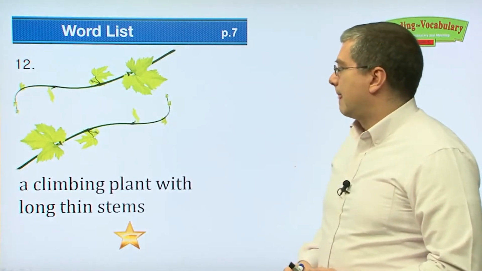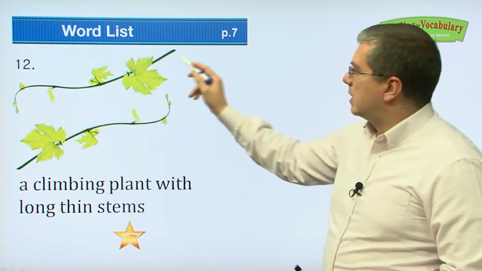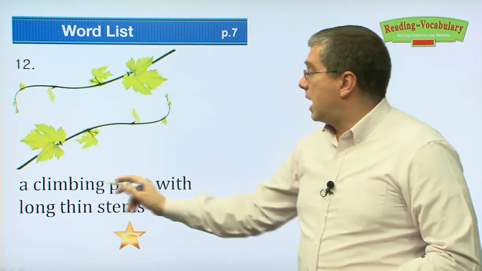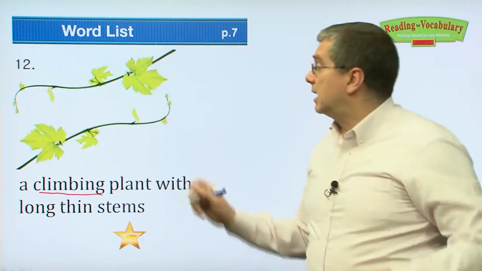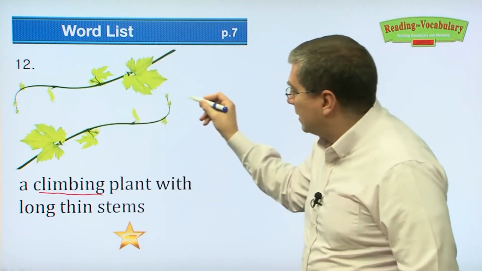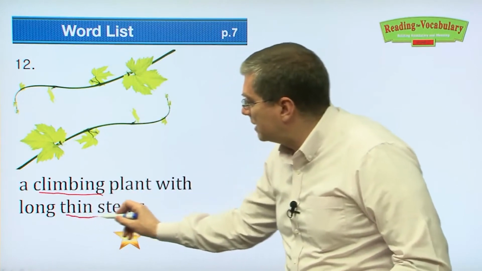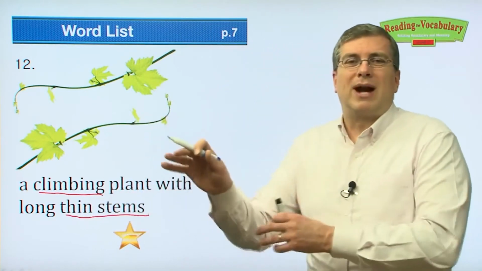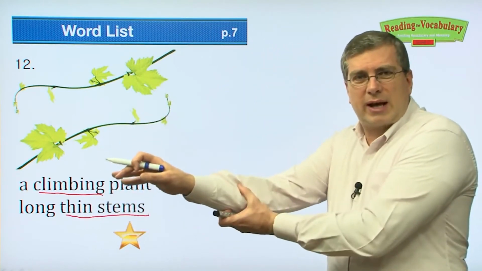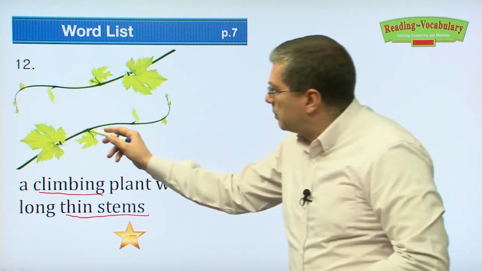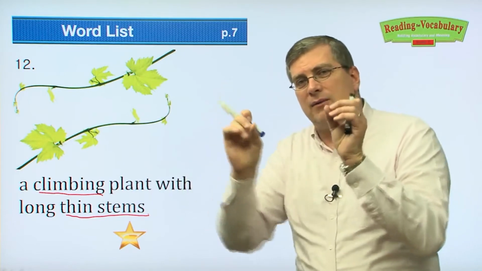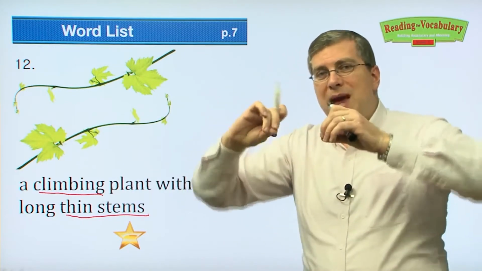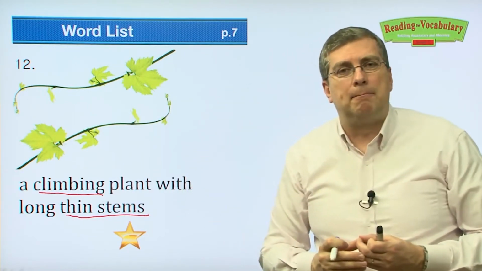Number 12, a climbing plant. This is another type of plant. Climbing plant, what does it mean? A plant that climbs? Yes, because these have long, thin stems. A branch is like a tree branch, very thick and very strong. But some plants have arms or branches that are very small and not strong. You can bend them. We call those stems, okay?